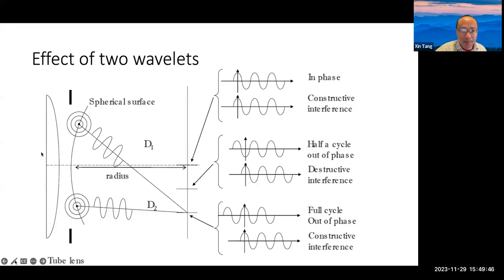Okay. Now in the real image, you can see we have a lens here. After the particle on the specimen plane emits light, the light will also generate this wavefront. And then this wavefront will concentrate the light to one point, right? To one point. That is ray optics.